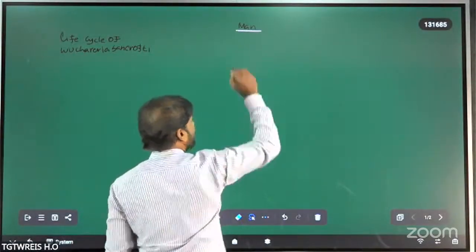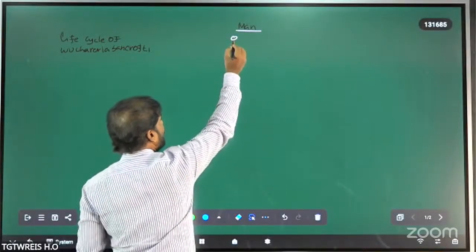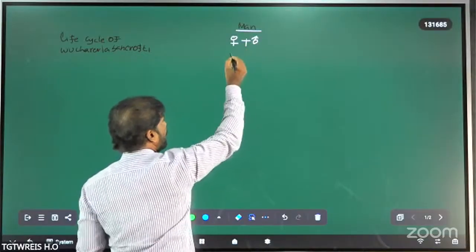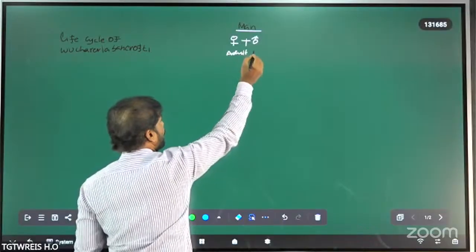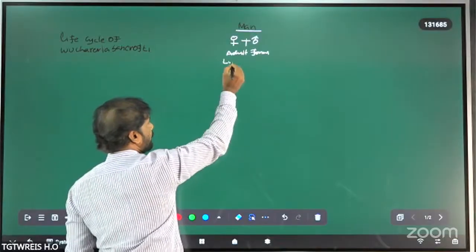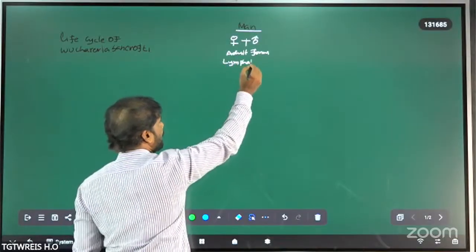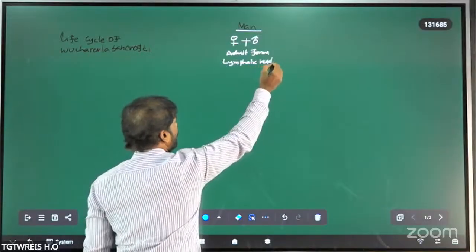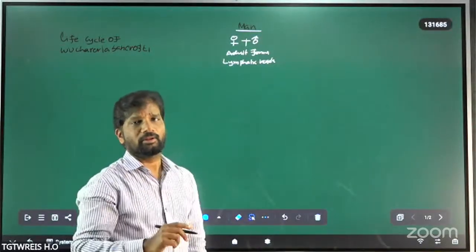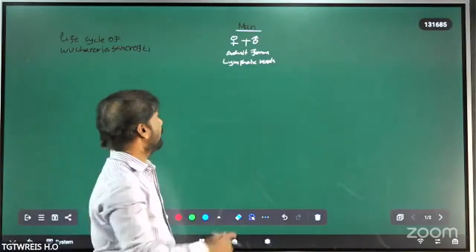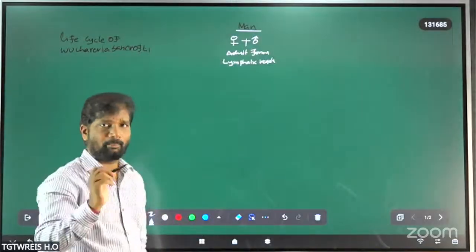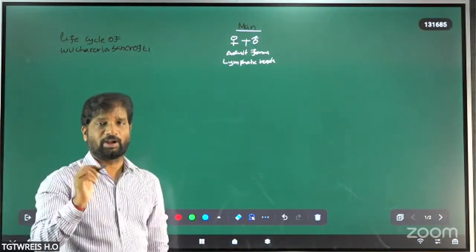So in the man, female and male adult forms are present, in which region? In the lymphatic vessels. So in the infected human being, adult forms of the female and male Wuchereria bancrofti are exhibited in their lymphatic vessels.